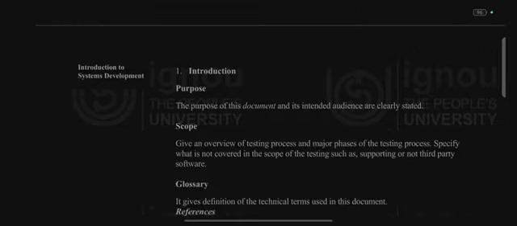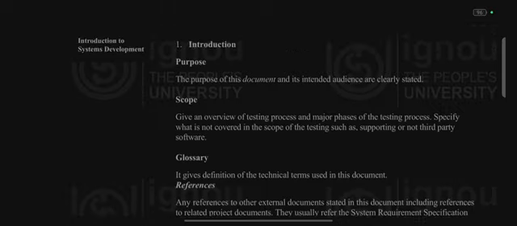Introduction. Purpose. The purpose of the document and its intended audience are clearly stated. Scope. Give an overview of the testing process and major phases of the testing process. Specify what is not covered in the scope of the testing, such as supporting or not supporting third party software. Glossary.